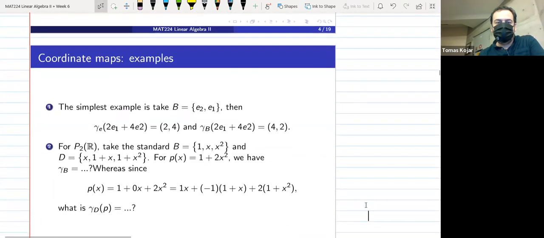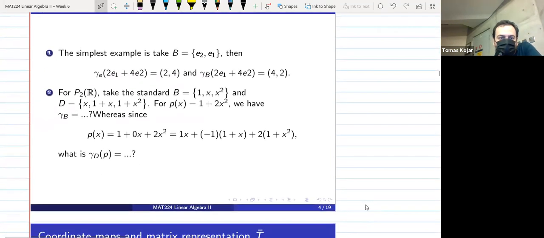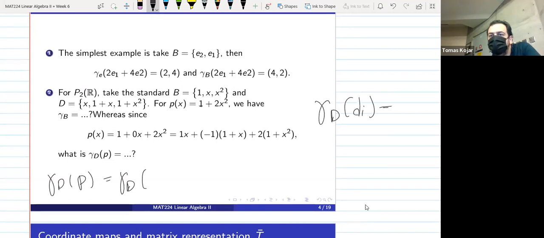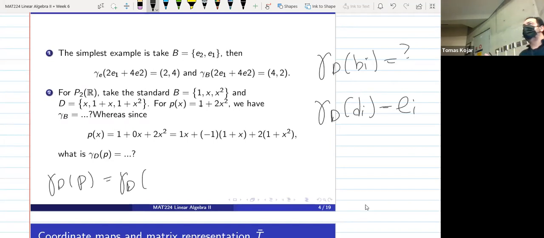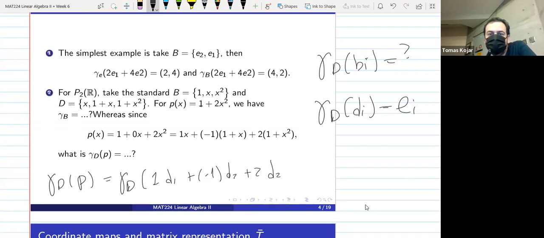So gamma d of p, in this form, it makes no sense. Because remember, gamma d of di is ei, but I don't know what gamma d of bi is. You have to write it in terms of the d's. So here you write it as 1d1 minus 1d2 and 2 times d3.